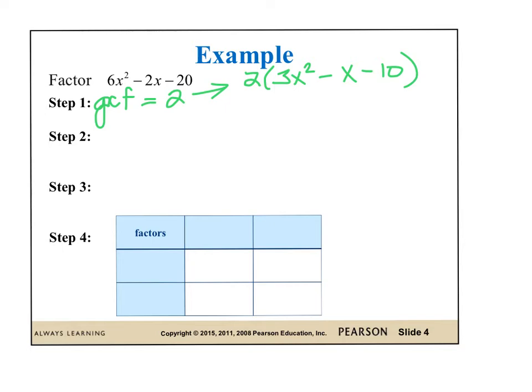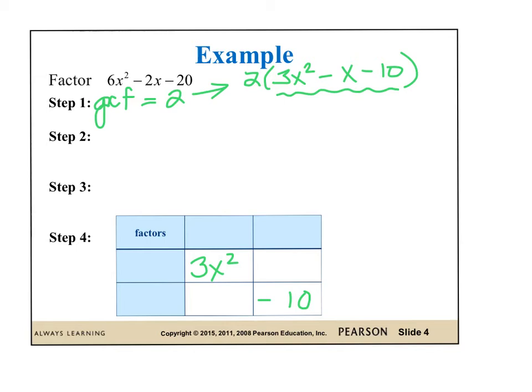And the 2 is not part of our next step, but we can't forget it at the end. So remember that we've got it. What we need to factor now is that part. And so we begin by saying that 3x squared plus another term that combine to make -x minus 10 is the part that we need to factor.